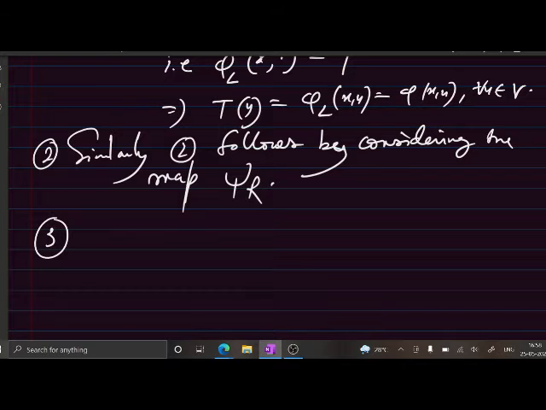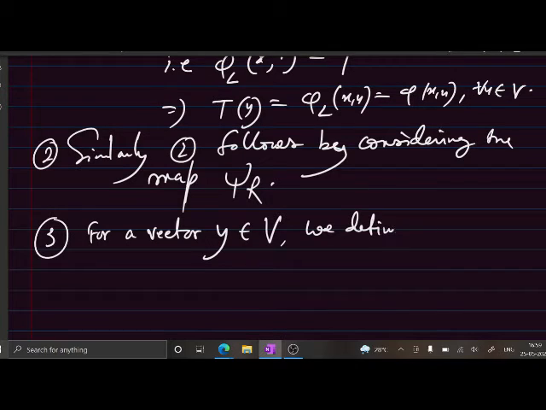So it has been given that phi is non-degenerate. Now for a vector y belongs to V, we define a map.